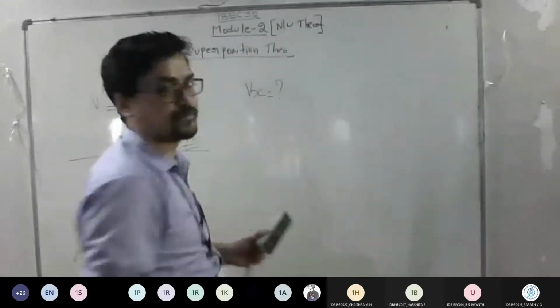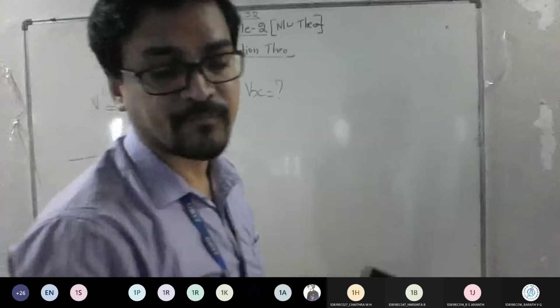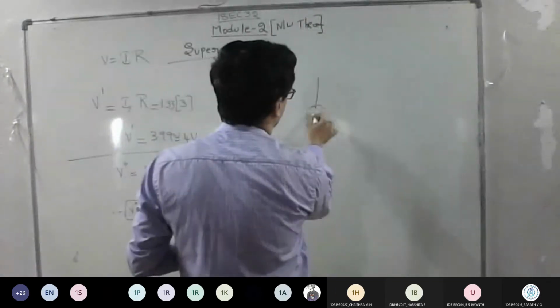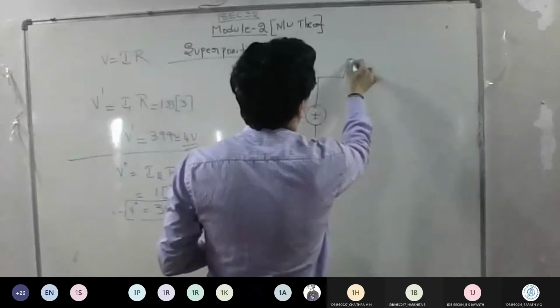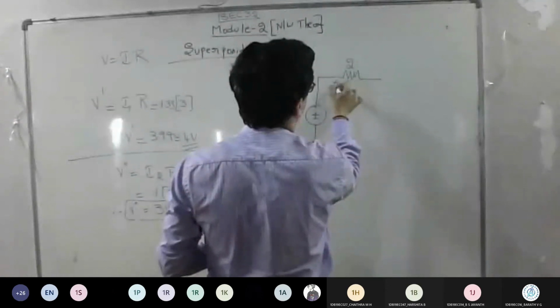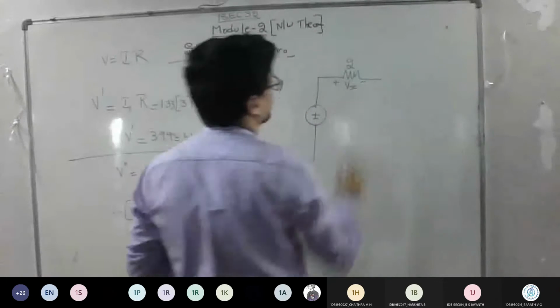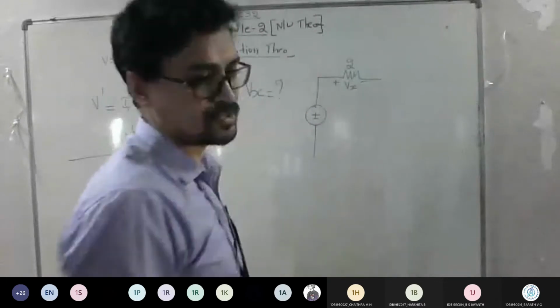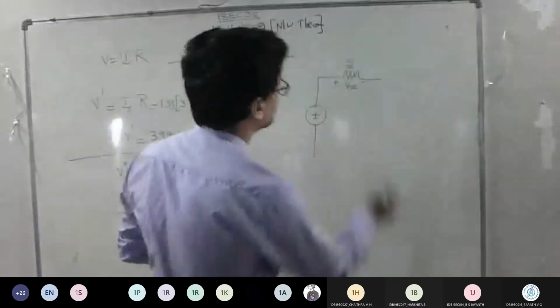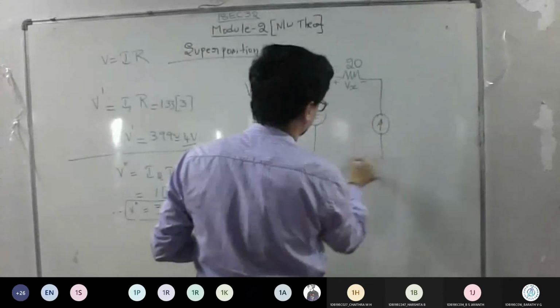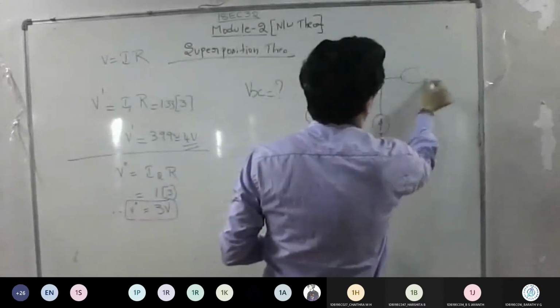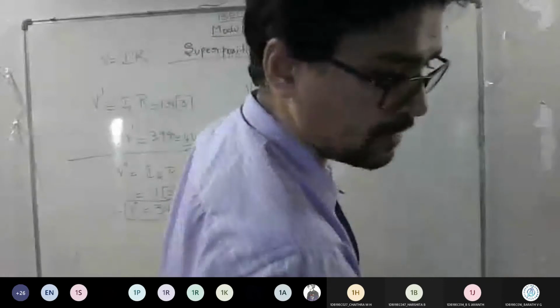So there is a 20 ohm resistor, and this is where your Vx is. It's not 2, I think it's 20. Okay, there is one current source here. I won't tell you how to do it. I want you to explain now.